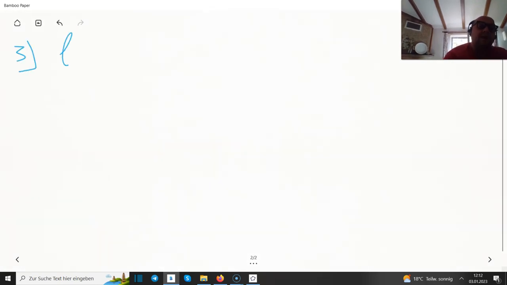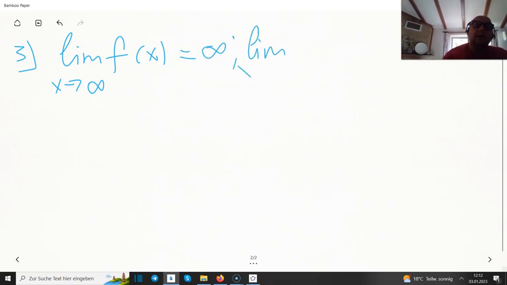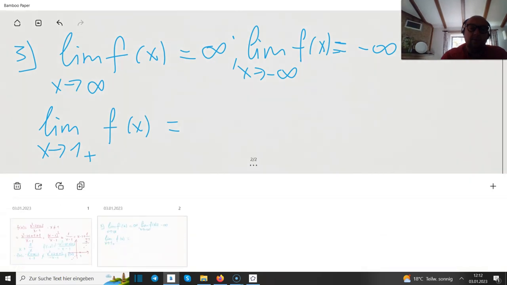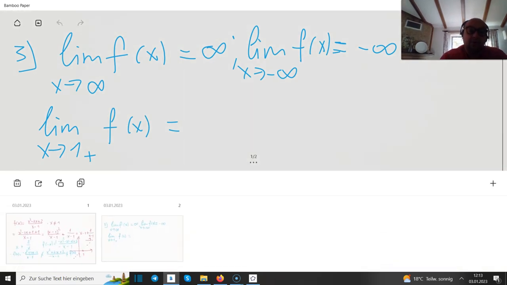3, limit x towards infinity. Obviously, we are going to behave like x minus 1, which goes to plus infinity, and x running toward minus infinity, we're still going to behave as x minus 1. So this is minus infinity. So far so good. But in this case, because of 1, where we're dividing by 0, we have to be careful what's happening if we're approaching 1.